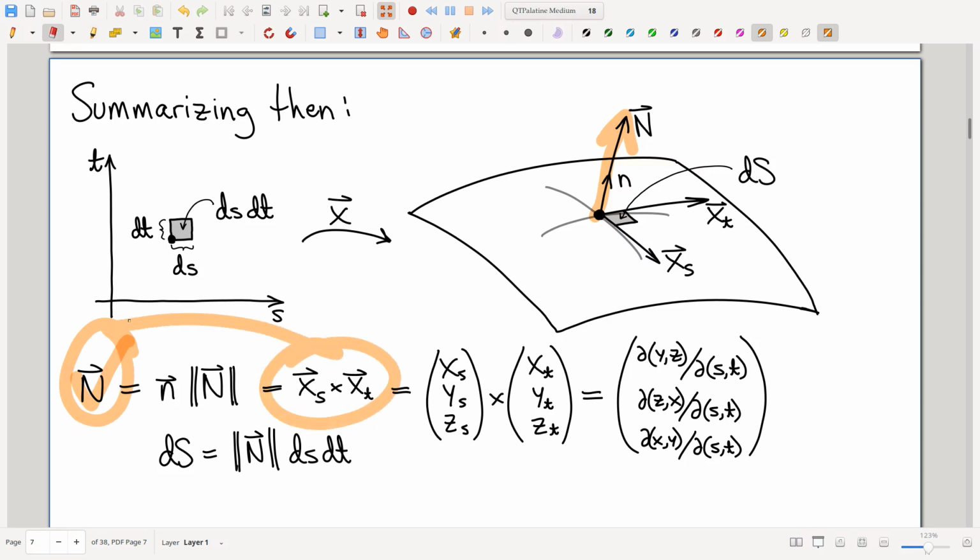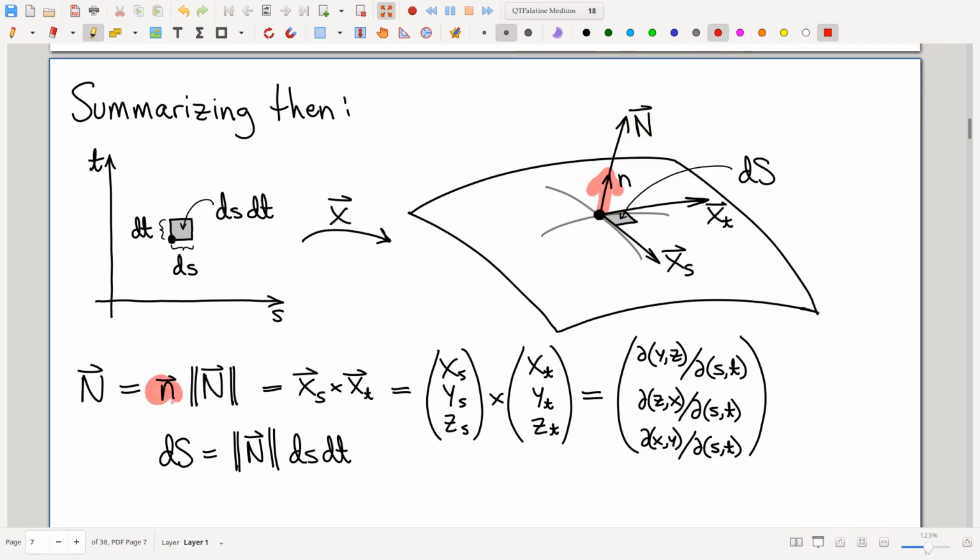Capital N does have both a direction and a magnitude. The direction is indicated by a unit vector. The magnitude is just the magnitude. And so sometimes, by the way, this unit vector is useful. Now let's take a moment to recognize where this unit vector came from.